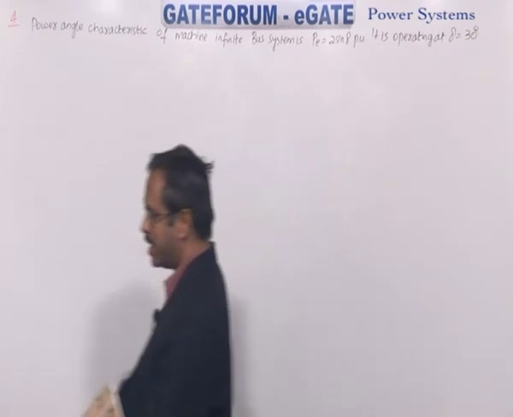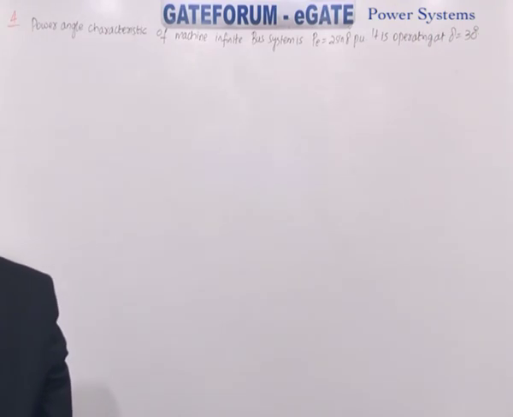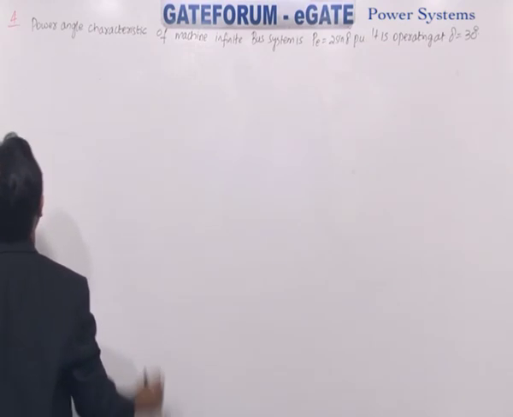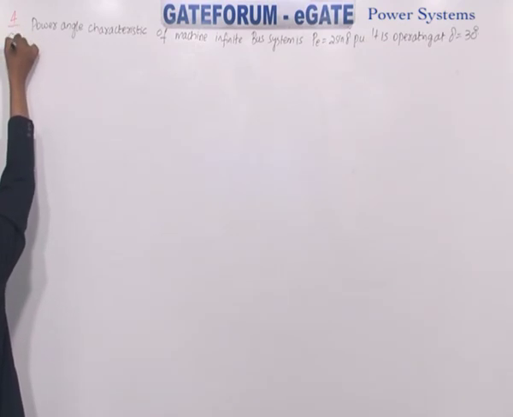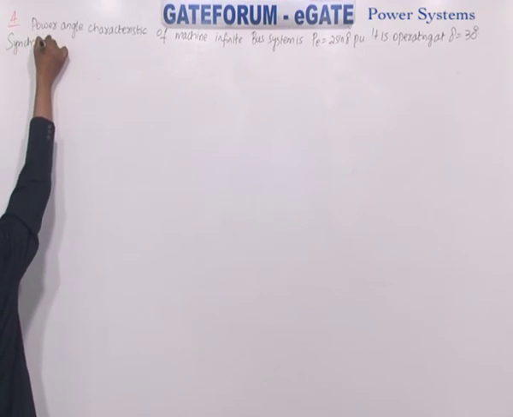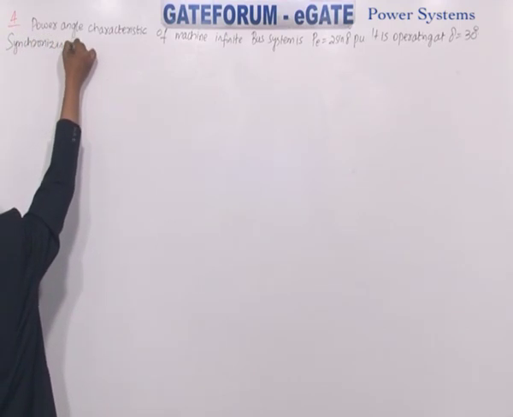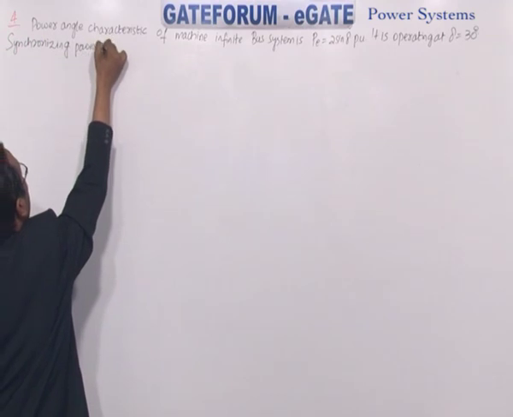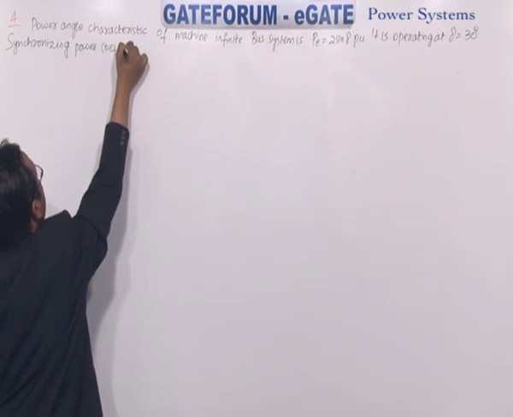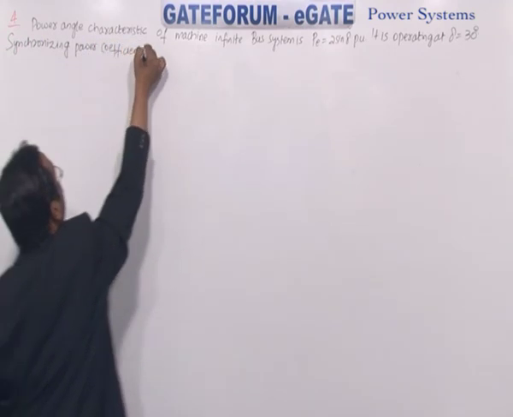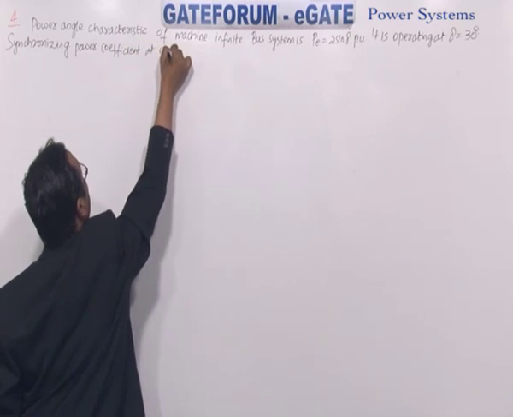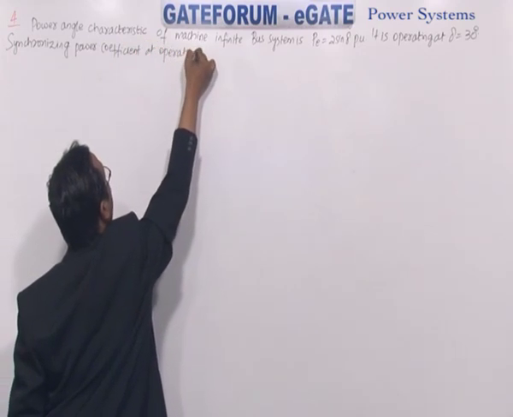It is operating at delta equal to 30 degrees. We have to find out the synchronizing power coefficient at the operating point.